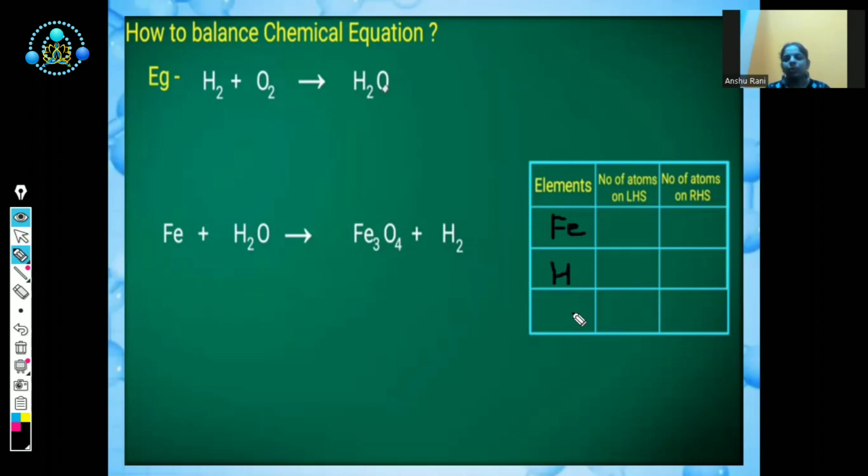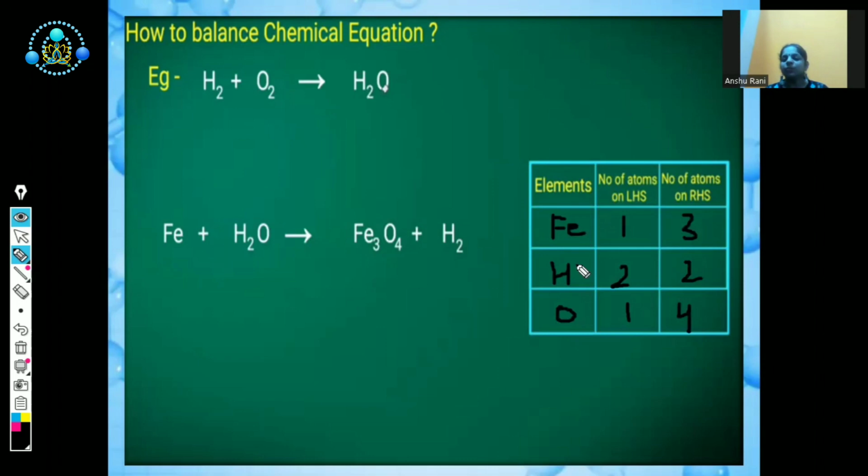We will write number of atoms. Iron on left hand side it is 1, hydrogen is 2, oxygen is 1. On right hand side, iron number of atoms are 3, oxygen is 4, hydrogen is 2. So hydrogen is having equal number of atoms on both sides.